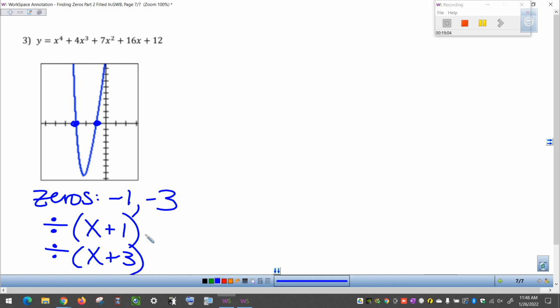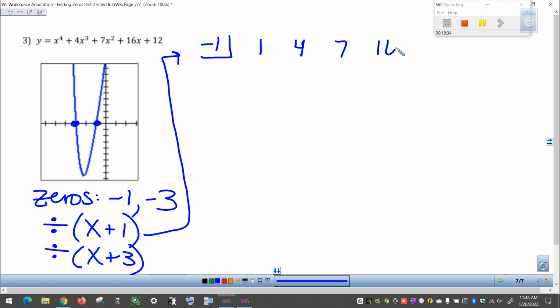All right, so here's how that's going to start to look here. So if I'm dividing by x plus 1, we'll go ahead and turn that into a negative 1. Double check for missing terms, but it doesn't look like we have any. This one's also super nice because there's not any negative signs in that first line of numbers. We'll just go ahead and list them across.